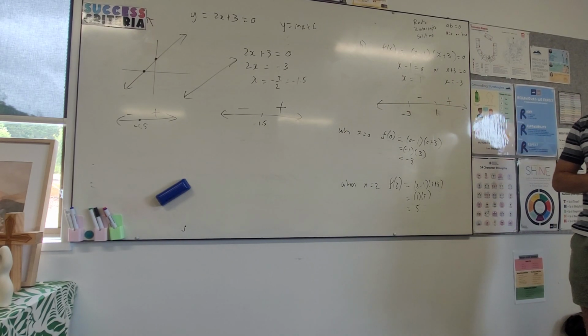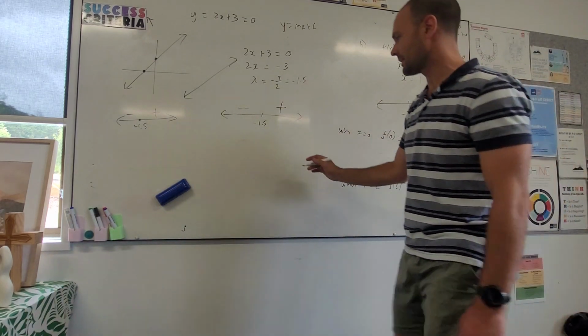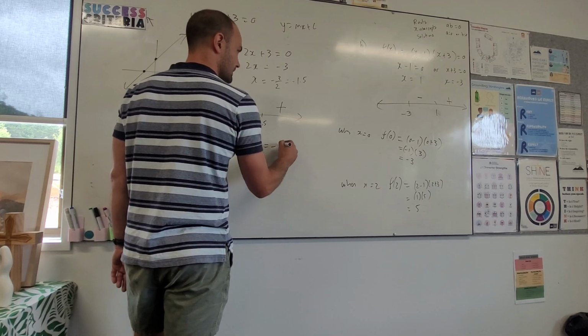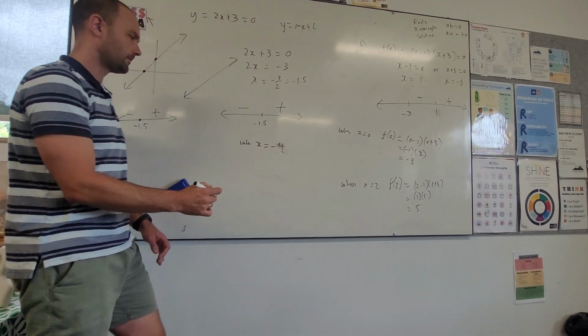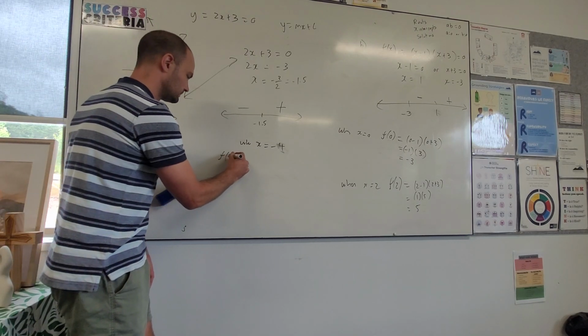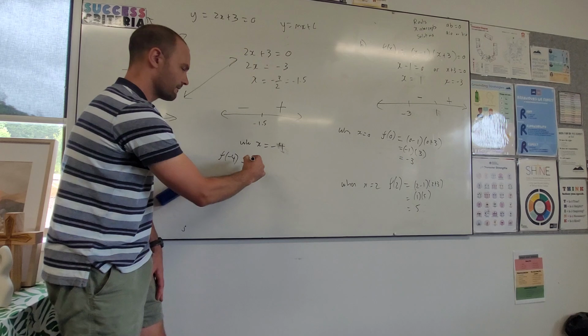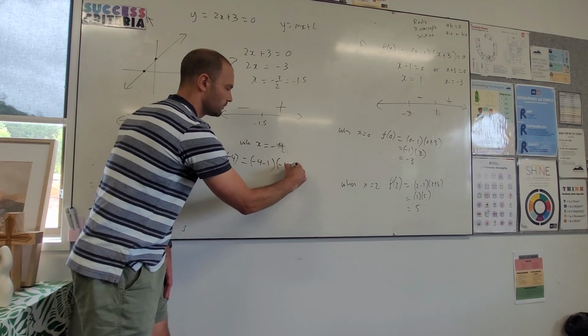If we go to the left of minus 3, I'll make the argument here. We'll go minus 4. Let's find f of minus 4. We're putting minus 4 in. We'll have minus 4 take 1, minus 4 plus 3.